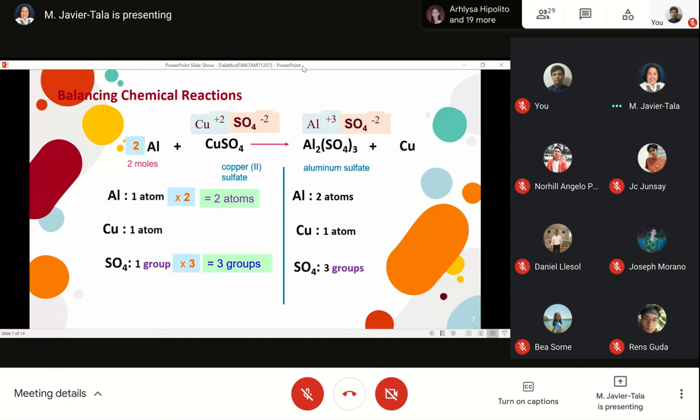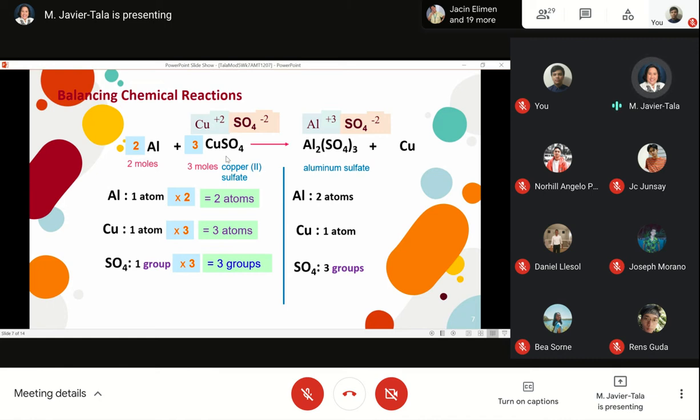Then, we put the 3, as a multiplier, in front of the compound containing your sulfate group. But as you can see here in the reactant side, when you put it in front of copper 2 sulfate, it will also affect the number of copper atoms. So it means your copper will also be multiplied by 3 and there will be 3 atoms.